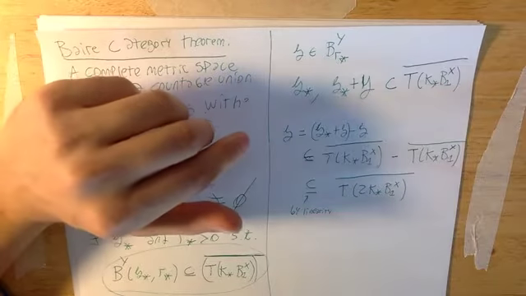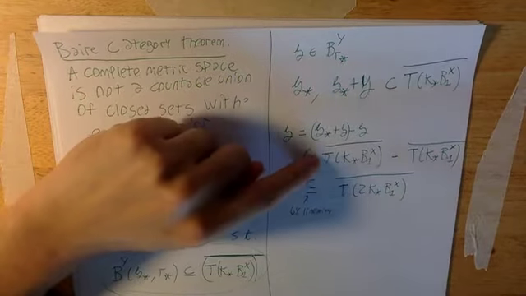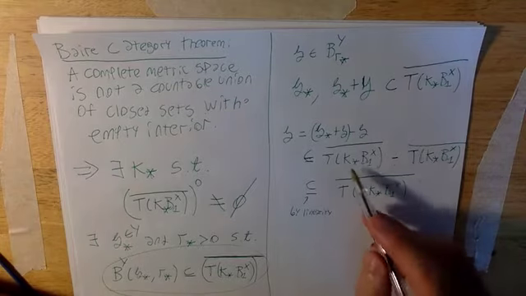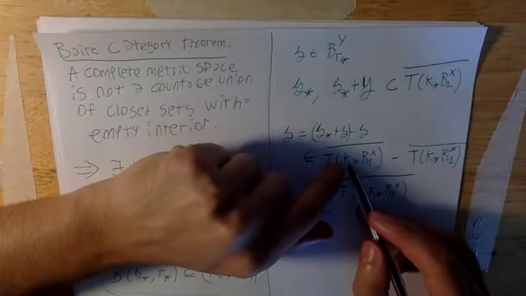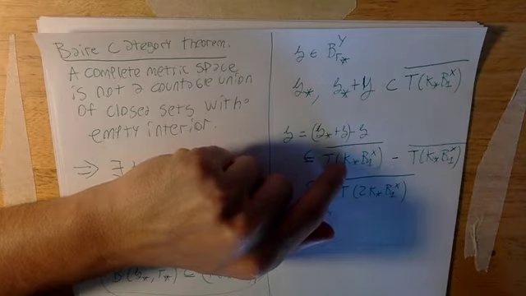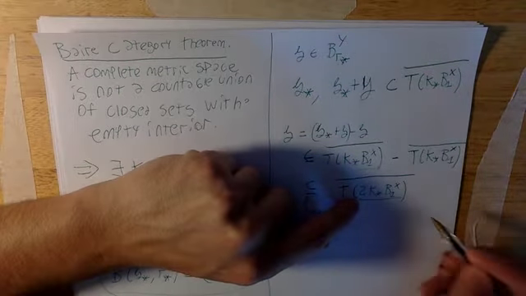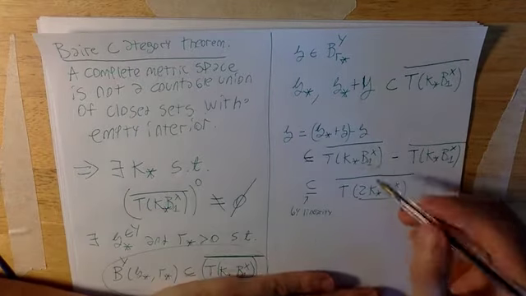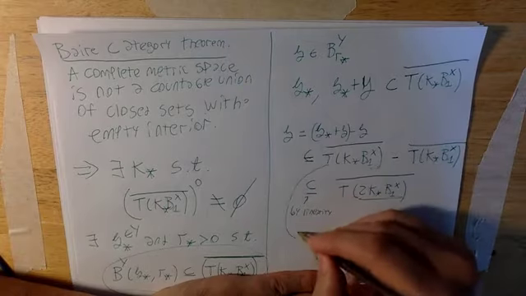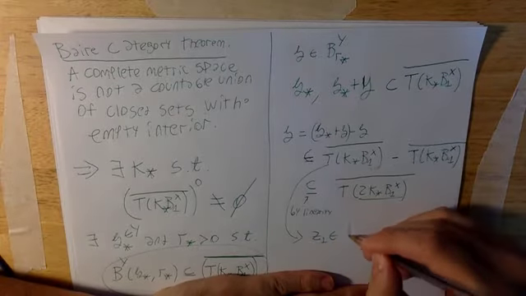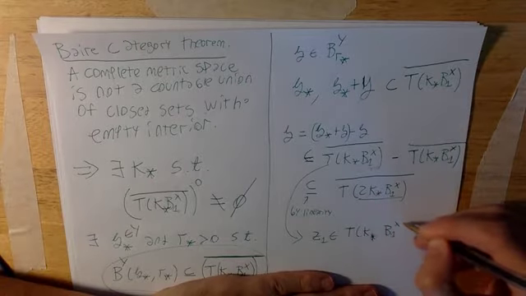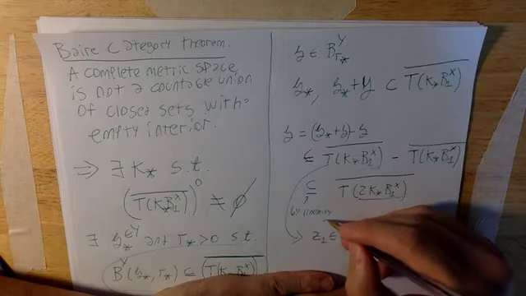Okay, so if you have one element which is in the closure of this, and you subtract an element which is also in the closure of this, then the maximum distance between the images of the points in X can only be 2k B1x. So how do I do this? Let's say that we have C1 and C2 here.